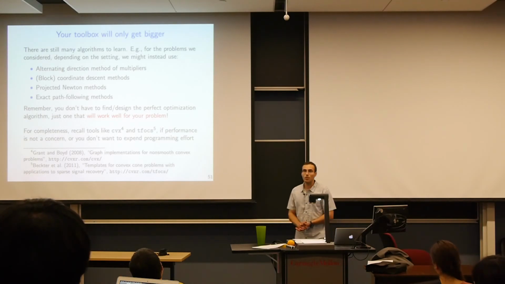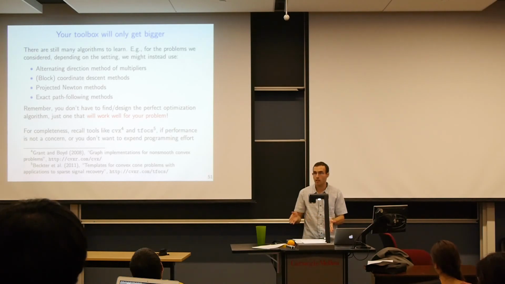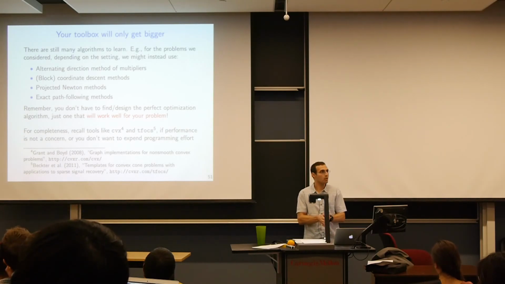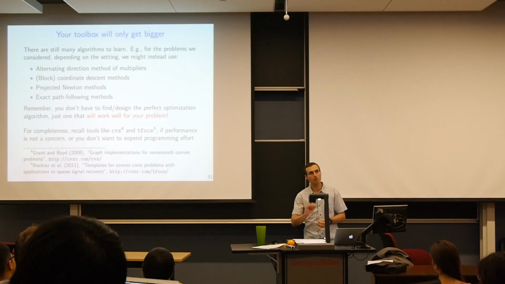It doesn't have to be the perfect one. So you should be going through the motions of thinking about what we did in these last 2 lectures. What are the strengths and weaknesses of the various approaches? But settling on something that works well that you can implement in a reasonable amount of time, that's the goal, right? Not finding the one algorithm in the literature from 1982 that is perfect, that no one else has thought of. That's maybe not the goal most of the time when applying optimization routines.